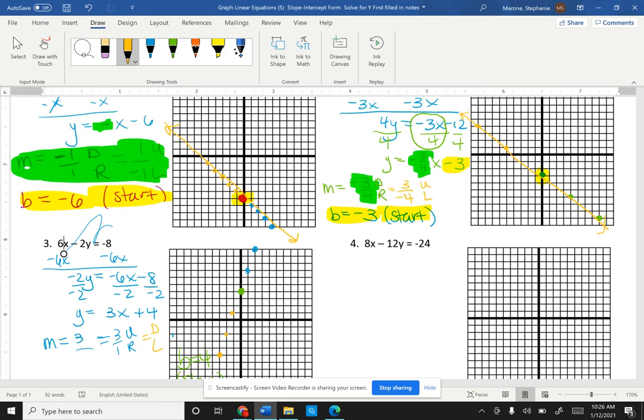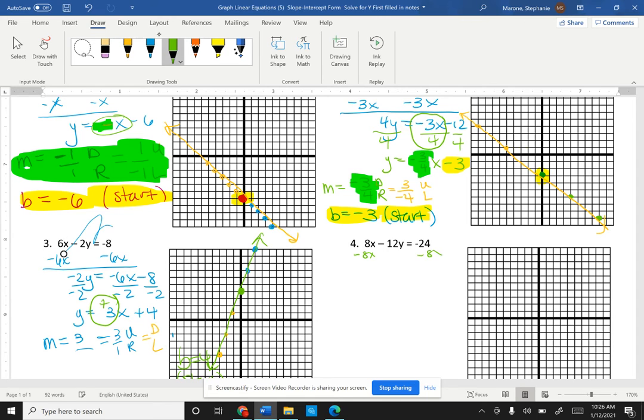Because that could be negative 3 over negative 1 or positive 3 over positive 1. Both ways, that sign is a positive. Remember, if the slope is positive, it's going to go up from the left to the right. And for the first one, it's negative, so it's going to come down from the left to the right. I would just go back through and make sure that makes sense to you.